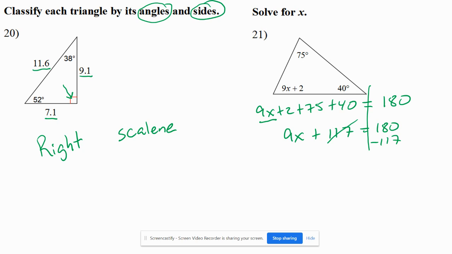Don't forget to switch the sign. I have 9x equals 63. To get the x by itself, let me divide by the number in front of it. So I get that x is equal to 7. Just type in 7. Don't go x equals 7, just 7.